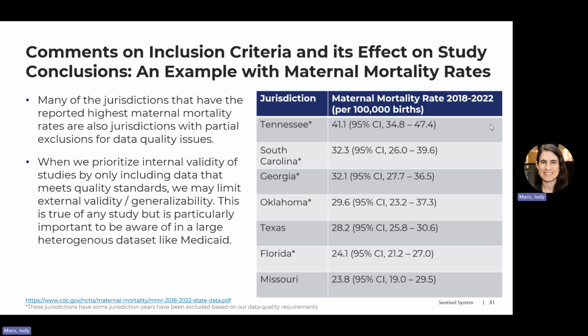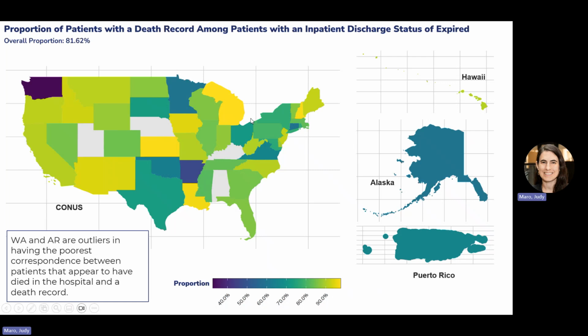And this is true of any study, but it's particularly important to be aware of this in a very large heterogeneous data set like Medicaid, where inclusion and exclusion criteria can be critical to think about in interpreting any results that come out of the data that are used in these studies.